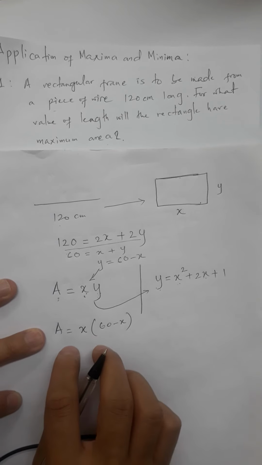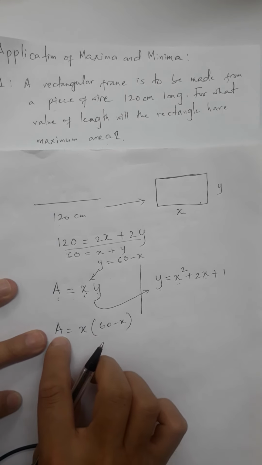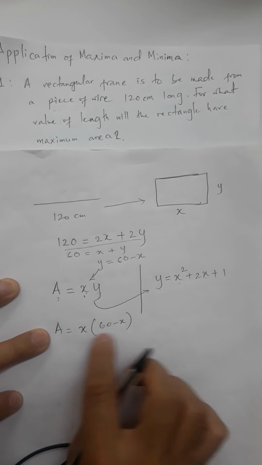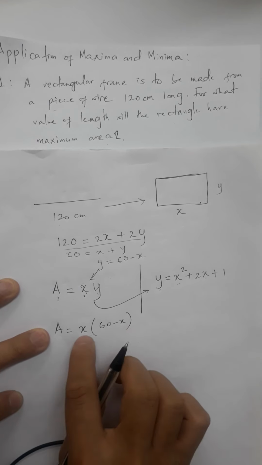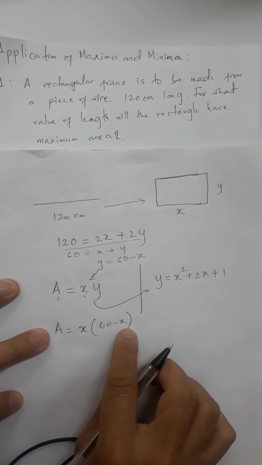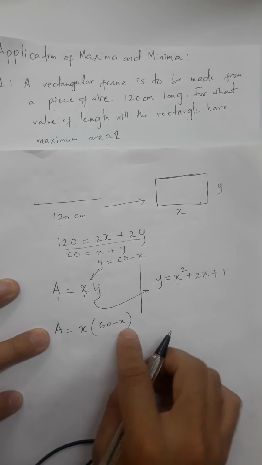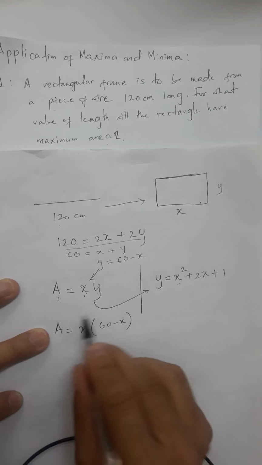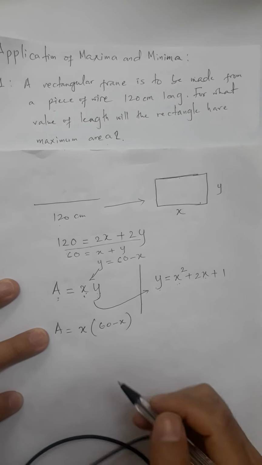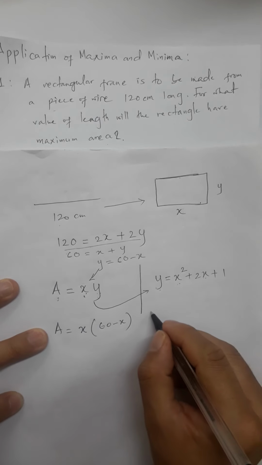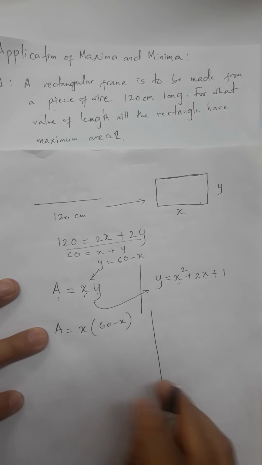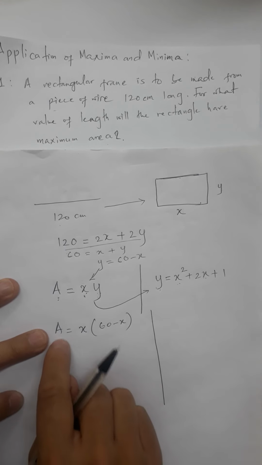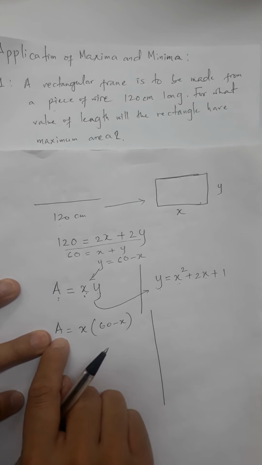So this is going to be the area. What I have done basically here is expressed A in terms of one variable. Why have I expressed it in terms of one variable? Because I want to apply the condition of maxima so that I have the maximum area. Now what is the condition? Here we need the area of the rectangle to be maximum.